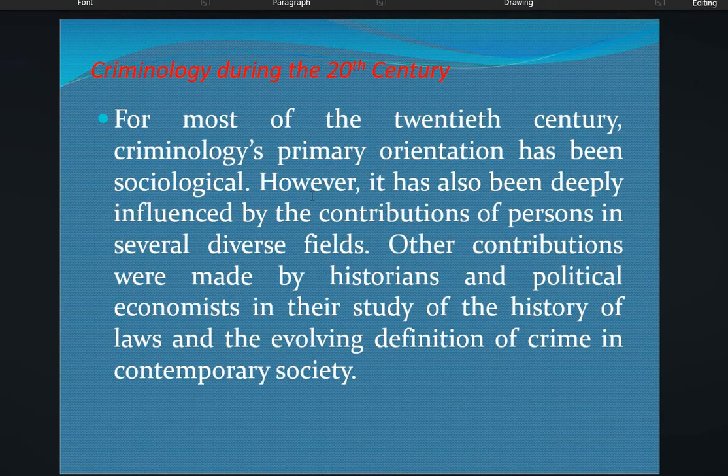During the 20th century, for most of the 20th century, criminology's primary connotation has been sociological. However, it has always been deeply influenced by the contributions of persons in several diverse fields, other political economists, in their study of the history of laws and the evolving definition of crime in contemporary society.